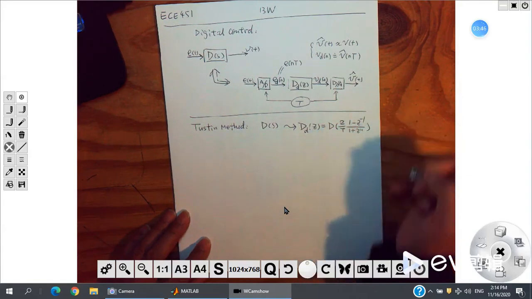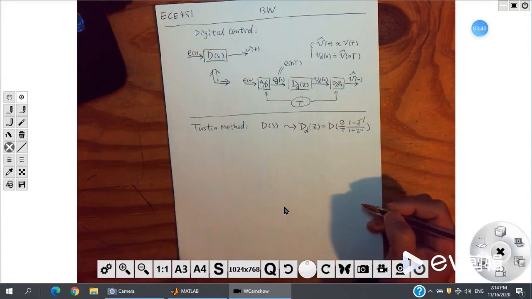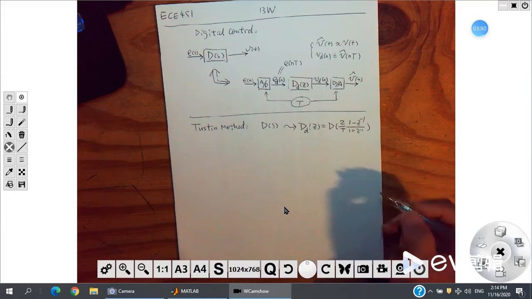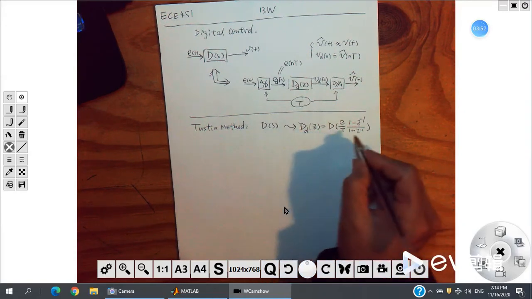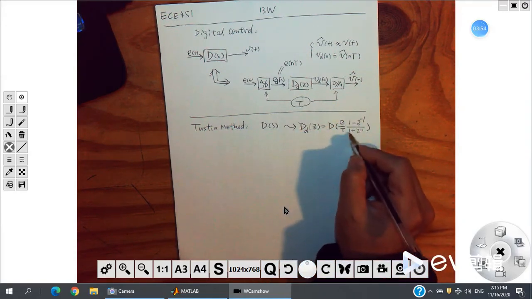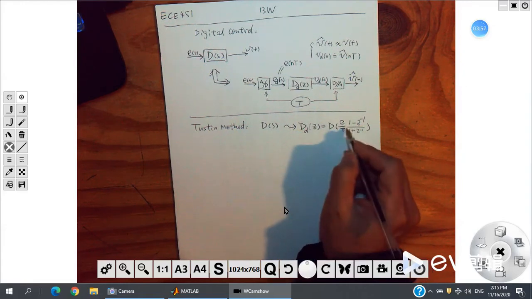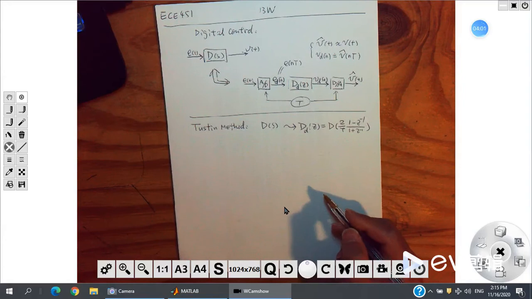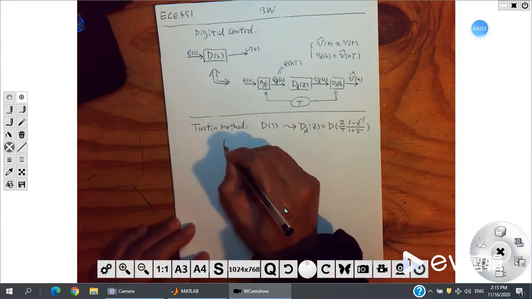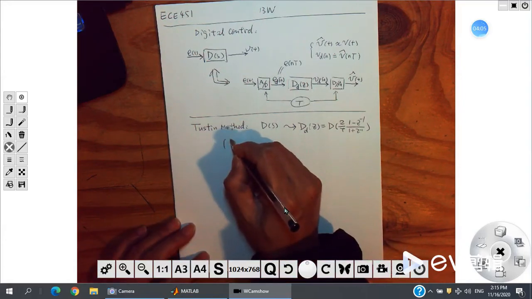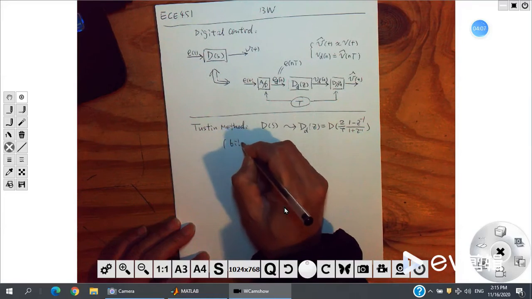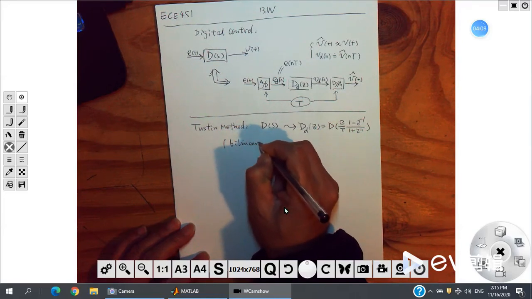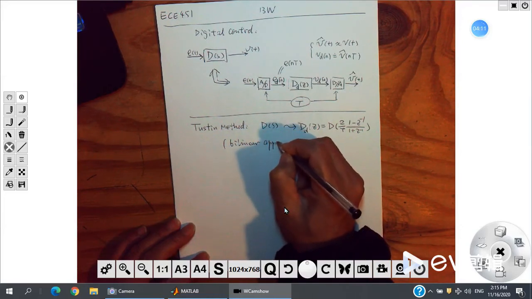We replace S by this, then we have a function of Z, D D of Z. We call this the bilinear approximation.